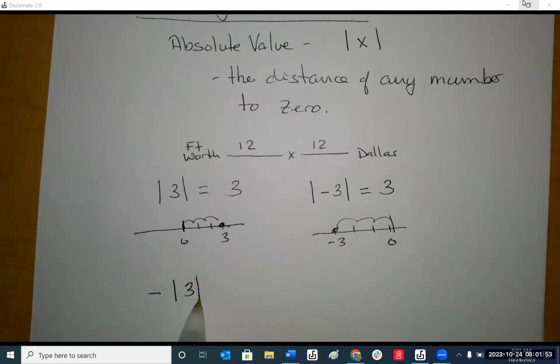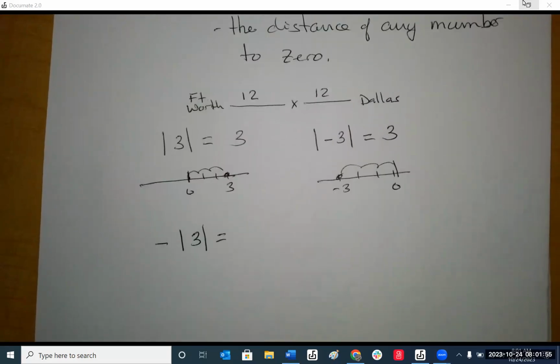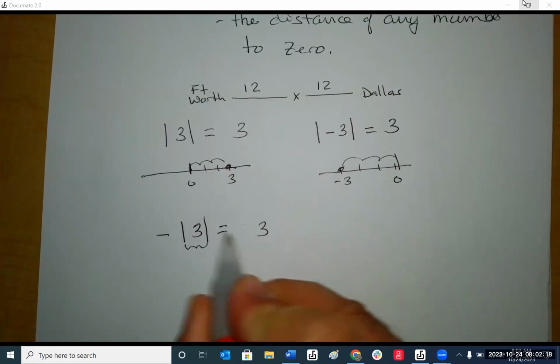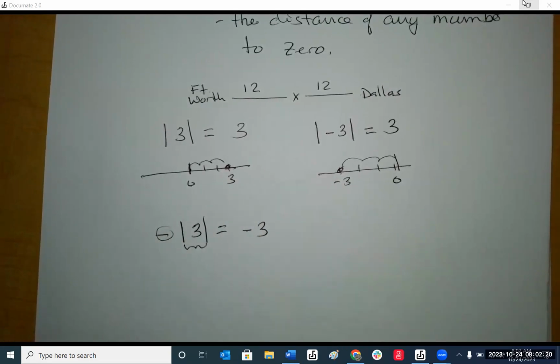But what about this? What's that going to be? No. Order of operations. Absolute values is a special operation. So we find the absolute value of 3, which is 3, and the negative stays out in front. So the answer is negative 3.